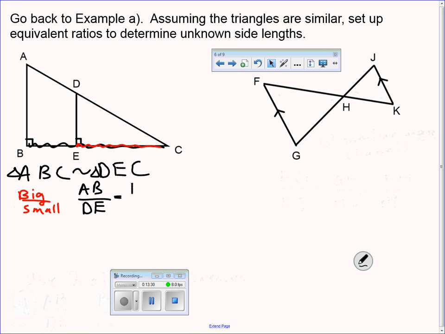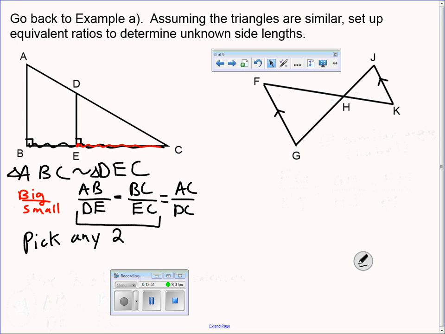So what we're going to get is BC over EC, which is the same as our hypotenuse now, which is AC over DC. And all you're going to do is pick any two of these. So either these two, or these two, or this and this equal to each other, to allow you to solve for anything you need.